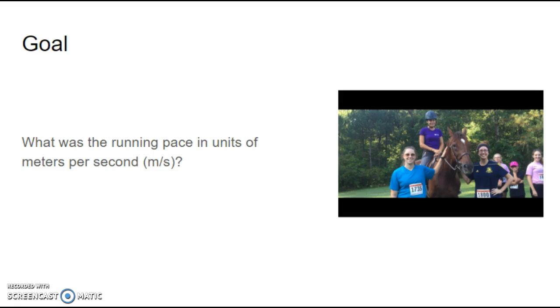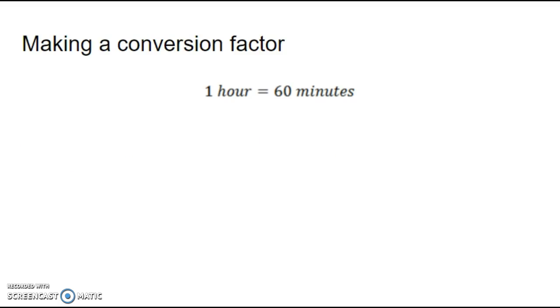So let's begin with making a conversion factor. When you're making a conversion factor, you want to set two equal things next to each other. So 1 hour is equal to 60 minutes. And you know that's true, I know that's true. What you want to do with these two numbers and their units is create a fraction with them.